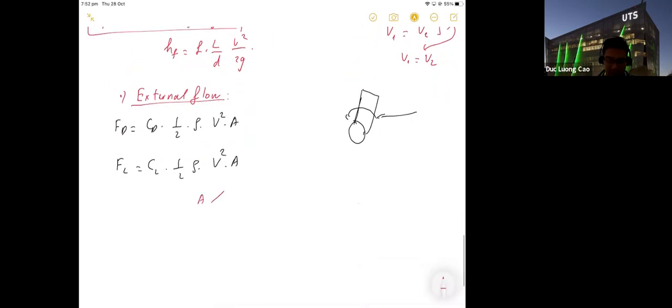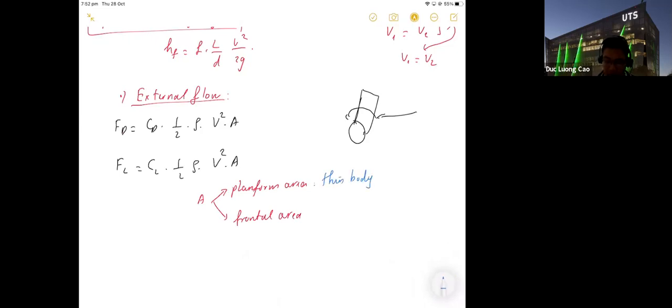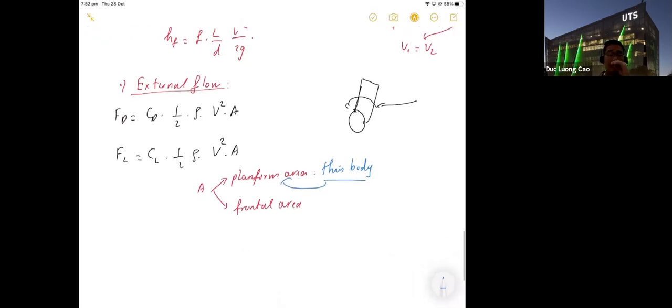Because we summarized this already, I just remind you that A in some cases may be the planform area, but in other cases it may be the frontal area. Planform area is just for a thin body. Okay, thin body uses planform area. Other bodies use frontal area. And for the flat plate, you have to multiply by 2 because you have two sides.